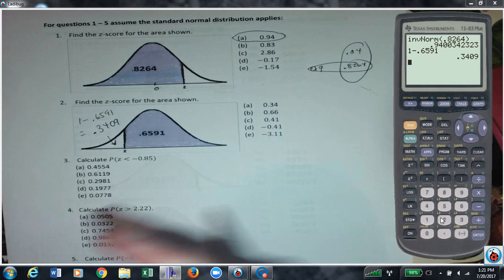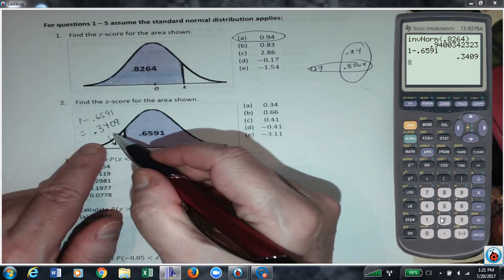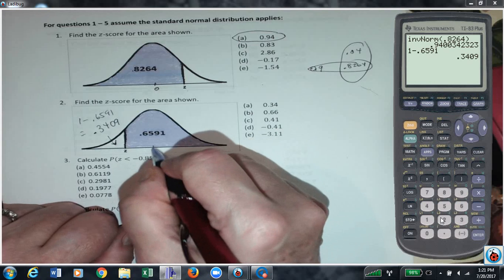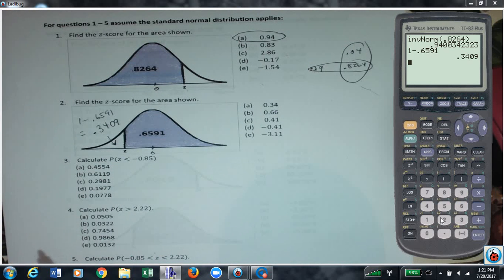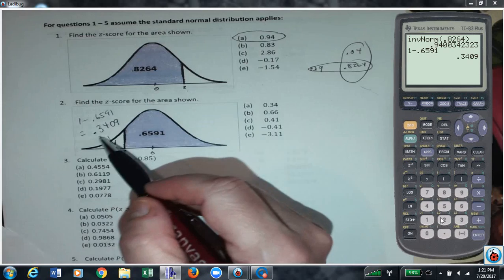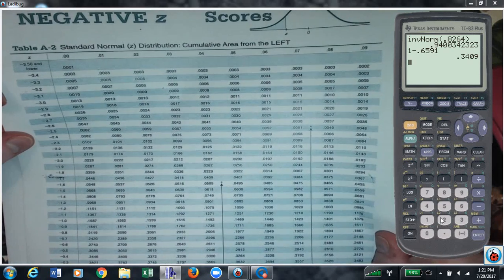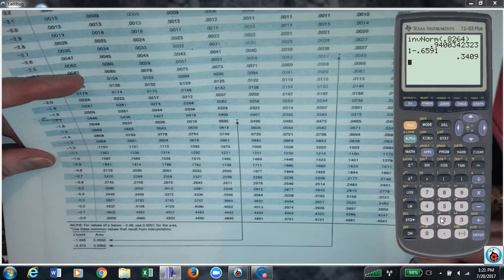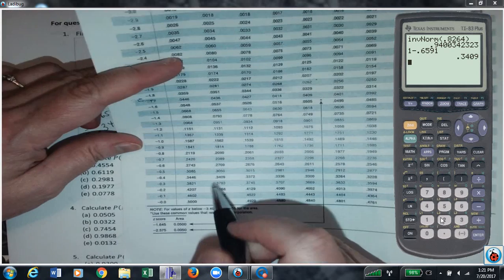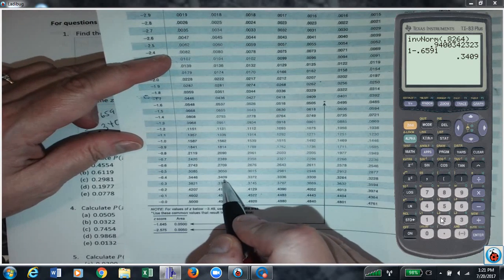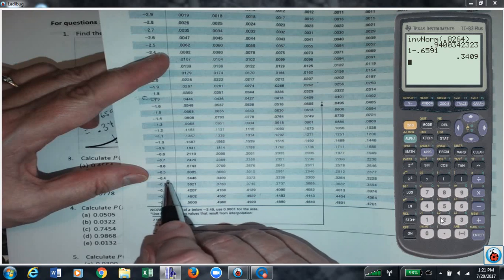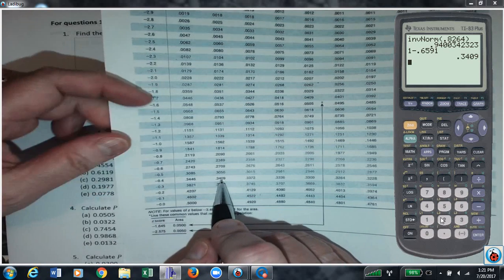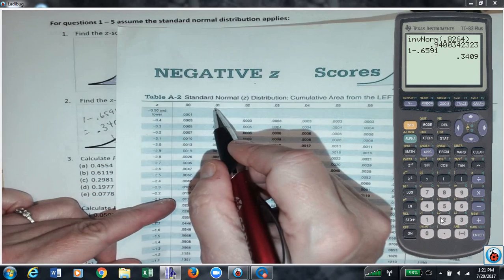And again, if I want to look this up in the chart, I do have the left area now, but I'm going to need to use the negative z charts and look for a left cumulative area of 0.3409. 0.3409, there it is. So my row goes out to negative 0.4, and the column goes all the way up to 0.01.